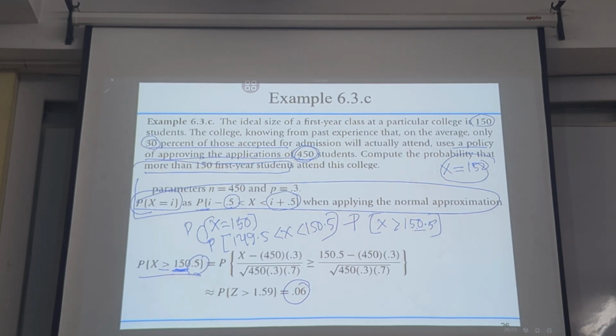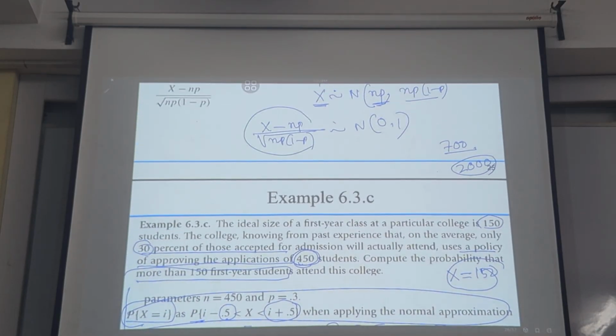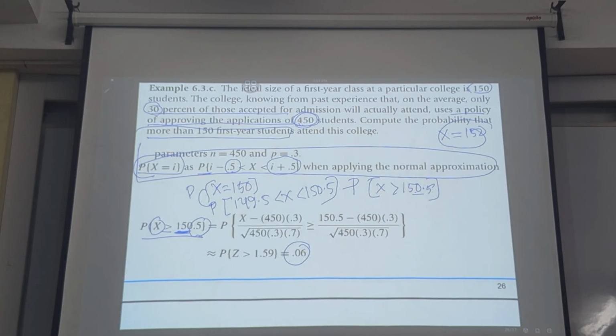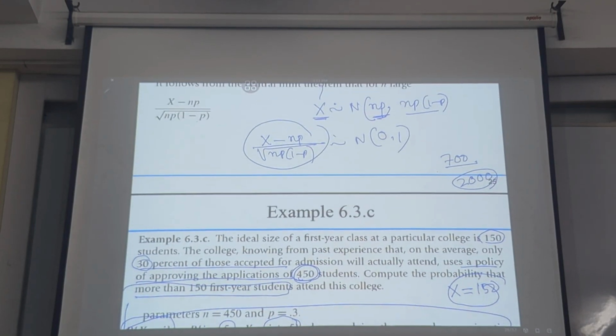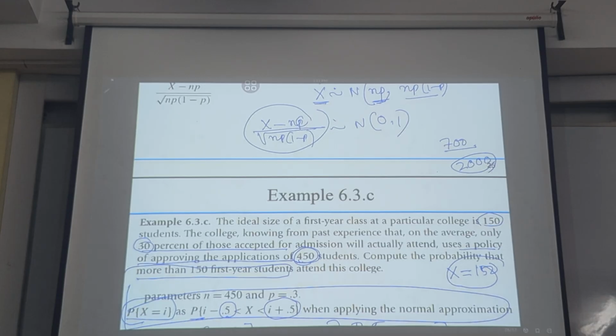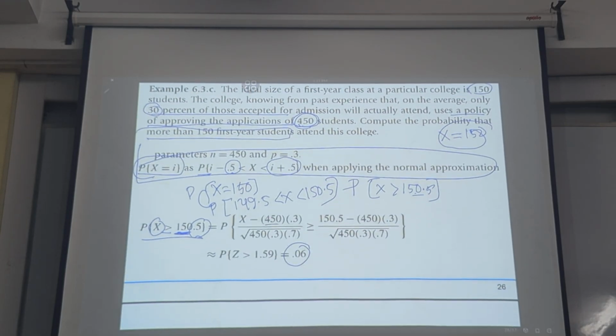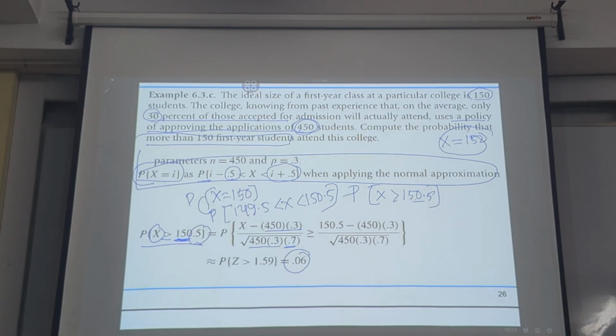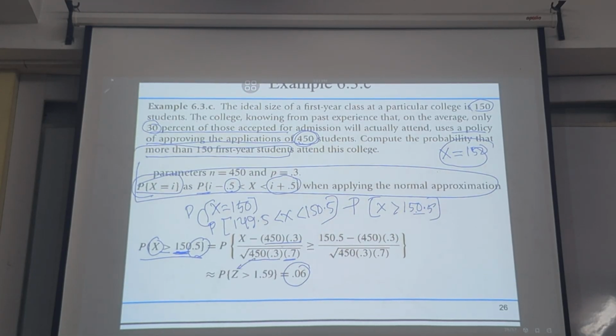Now, this X is approximately normal, so X should be subtracted by np, where n has the value 450 and p has the value 0.3. 450 times 0.3, and 1 minus p is 0.7. And this becomes Z, which is standard normal, and here it becomes 1.59. So it is approximately equal to the probability that Z is greater than 1.59.